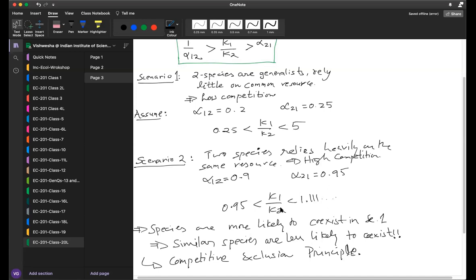See, alpha being very far away from 1 already means that when they are competing for the same resource, they have less effect on one another. Okay, yeah, I understood. Thank you. So don't compare the alphas directly with one another. You must compare alpha with 1 unit, because that's the baseline unit for how they're influencing each other within the same species. So now that's your baseline comparison.